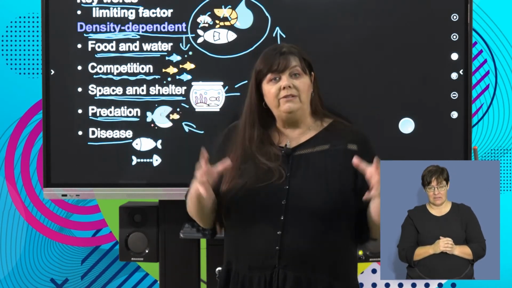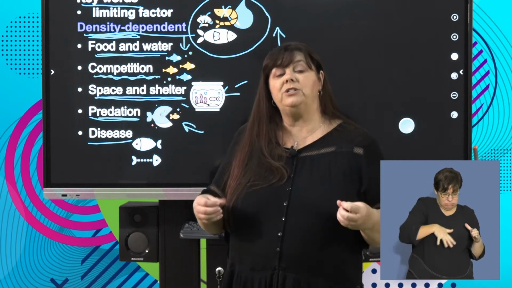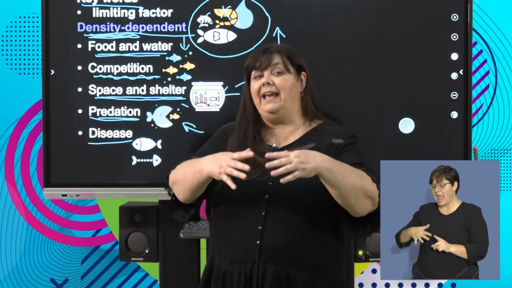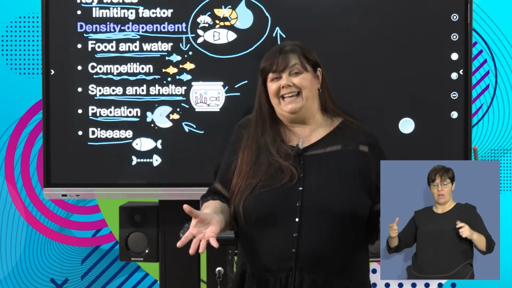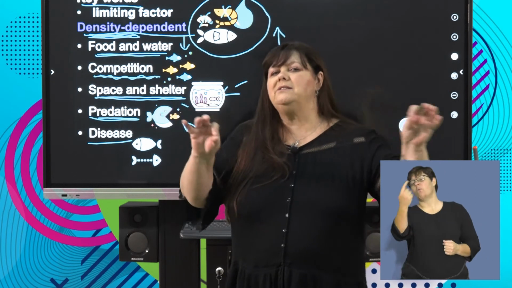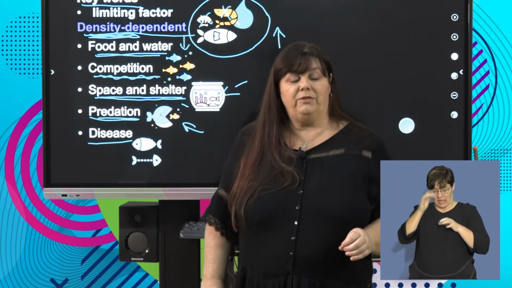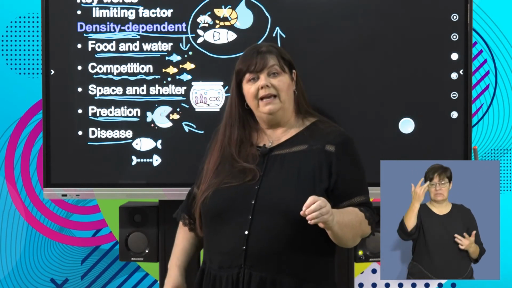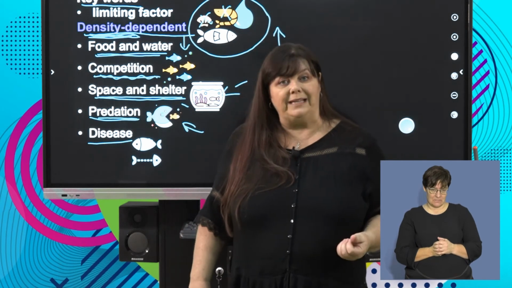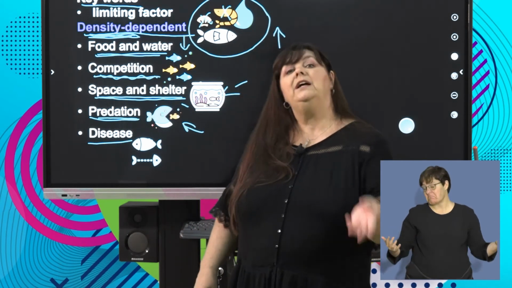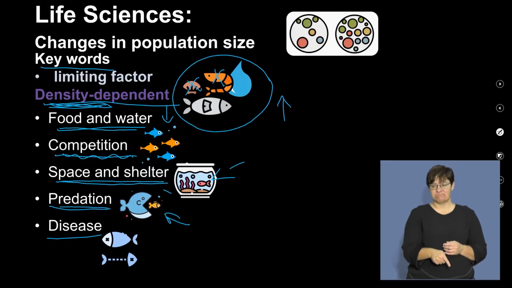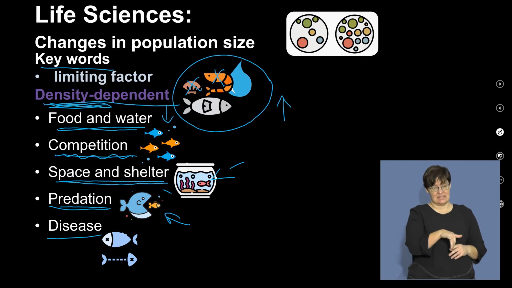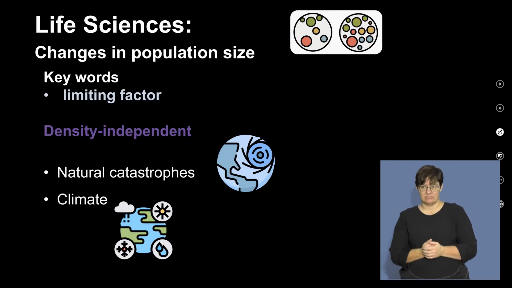Where we have a very dense population, we're going to see diseases spreading more rapidly. Whereas if there is not a very dense population, if we've got lots of space between the members of the population, we're going to possibly see a decrease in infectious or communicable diseases. So these are our density-dependent limiting factors.